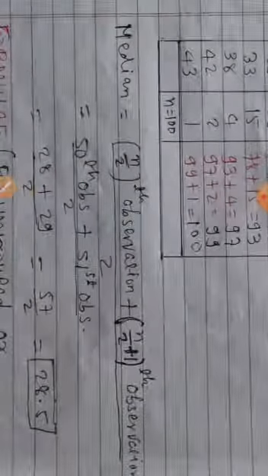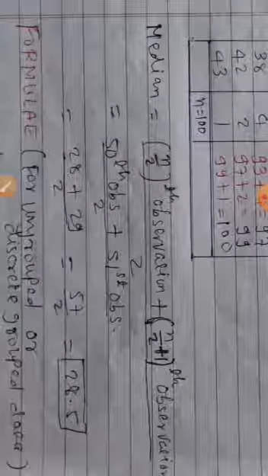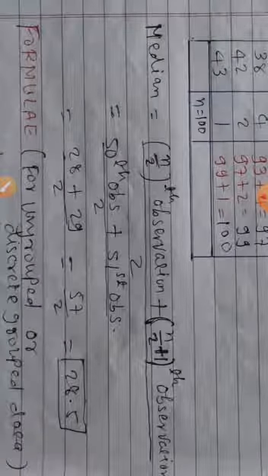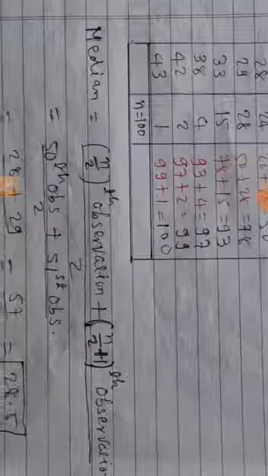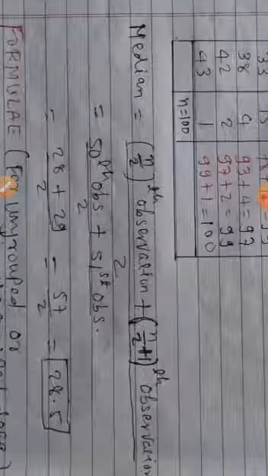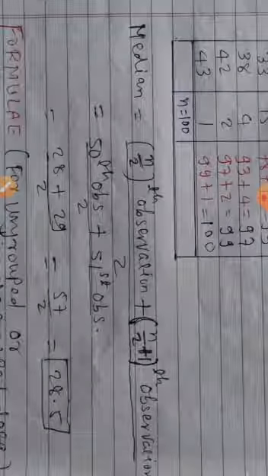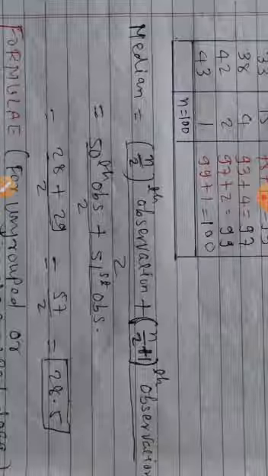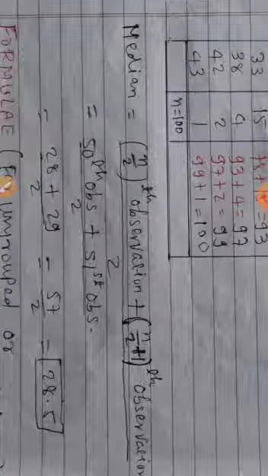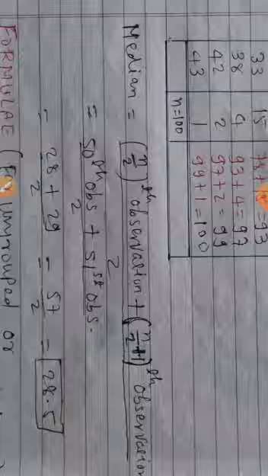Now here that formula is not used. Here you have to use the formula you learned in standard 9. In standard 9 you learned the formula of median like this. If n is even, and here we have n even because it is 100, then the median is the n by 2th observation plus the n by 2 plus 1th observation, divided by 2.